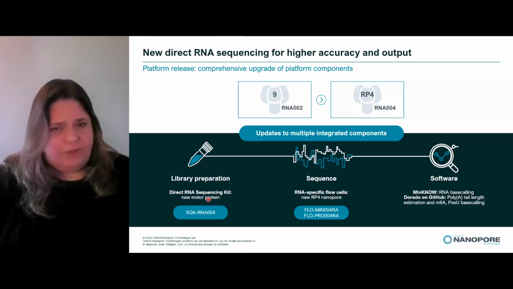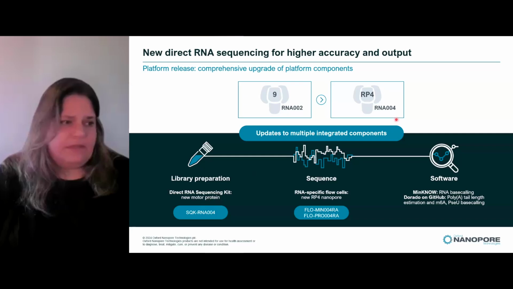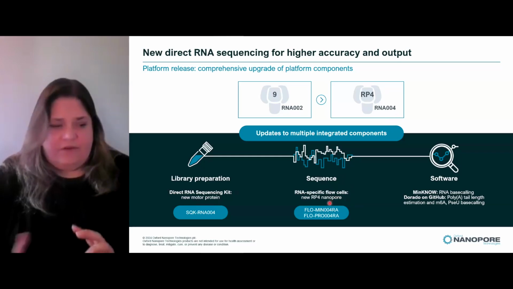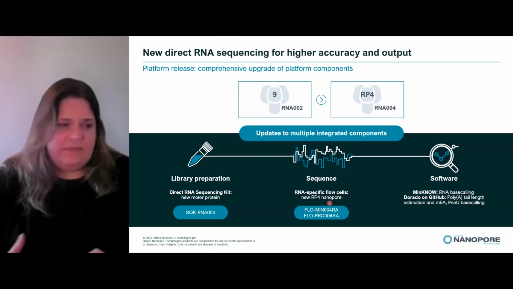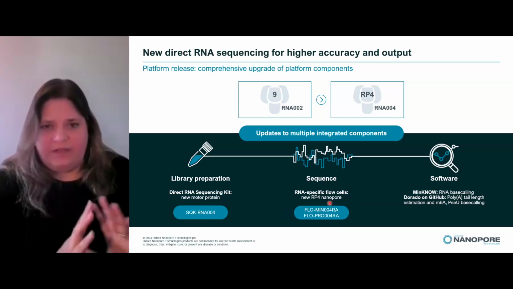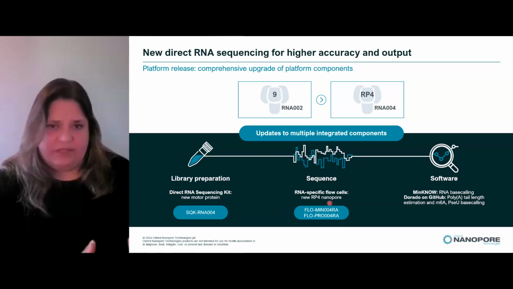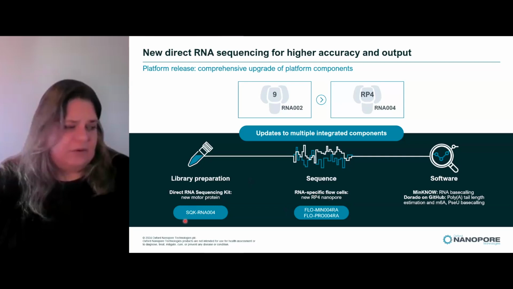We also have a new motor protein, which moves RNA, which improves the RNA output. So combined, these two, the new motor protein and the new RNA4 pore, have increased accuracy as well, which I'll go into in a bit. But we have a whole new set of chemistry, which is its own platform upgrade, and it has its own motor protein.